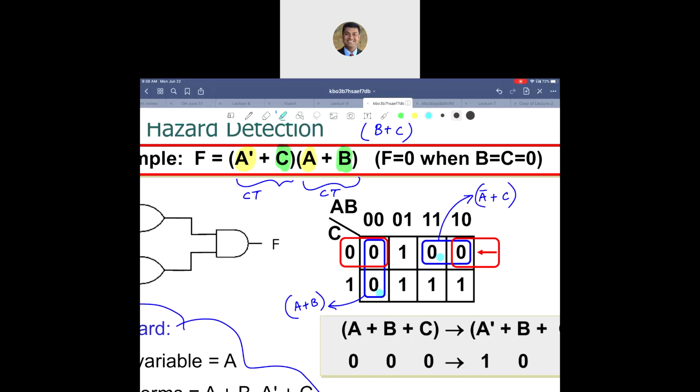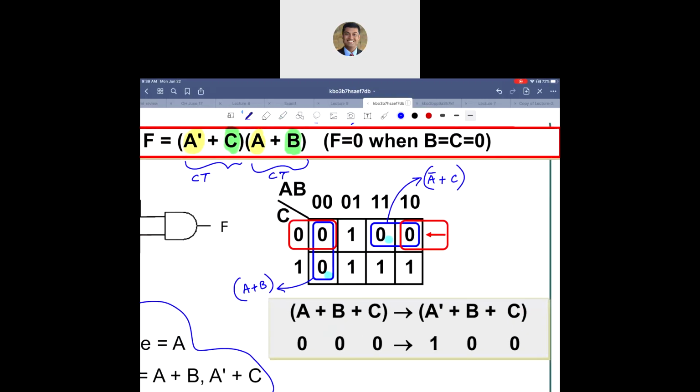Now if you take a look at whatever can be combined even more, you will see that there is a redundant prime implicant, that is the group in red. This will cover the situation where, what is changing? Let's see.